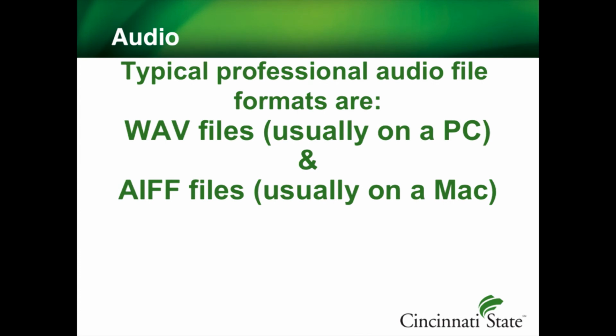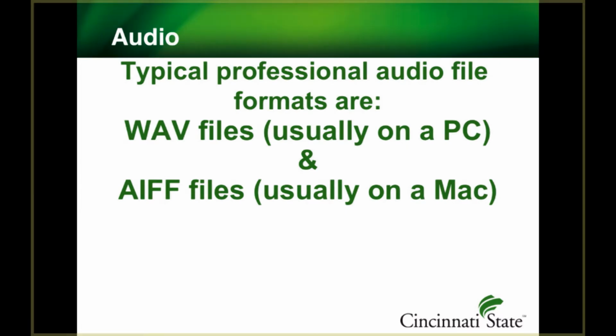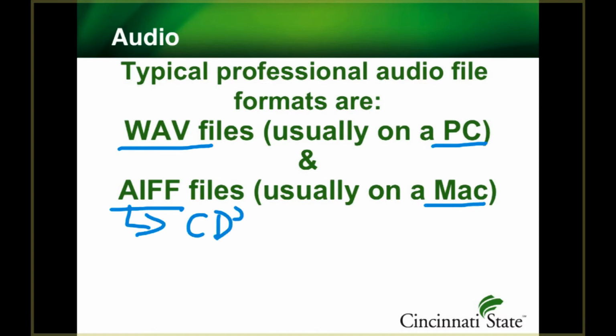Alright, while we're talking about file formats, in the professional world, there are really two professional formats at play. You have WAV files, which are usually found on PCs, and then you have AIFFs, which are usually found on Macs, and also they are the format for audio CDs as well.